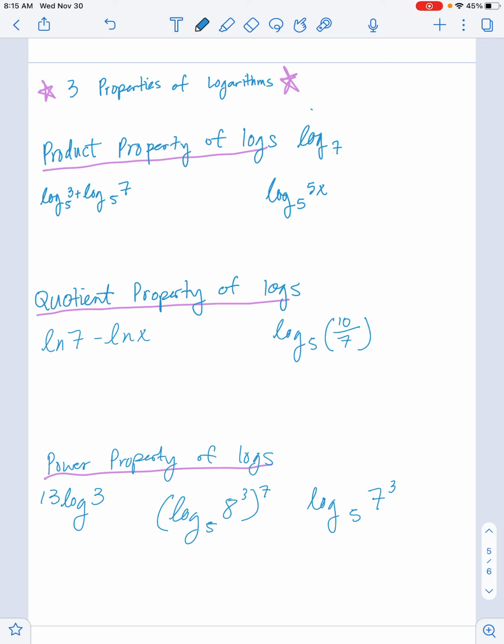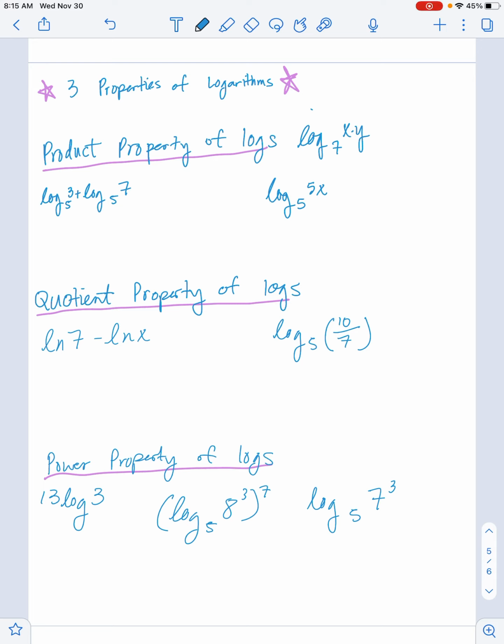Okay, so we'll do this first example here. If I'm doing the product property, and let's say I have a multiplication of a couple things, say x and y, I can expand this into two separate logs that are added together.